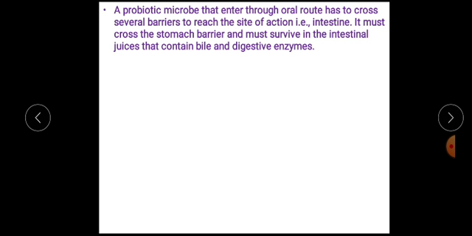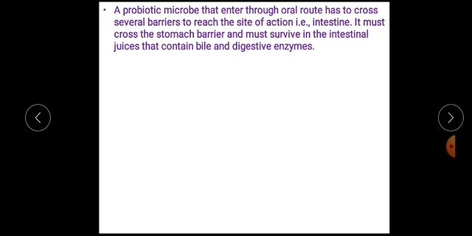A probiotic microbe that enters our body through the oral route has to cross several barriers. So where exactly are these probiotic microorganisms going to establish their population? It is in our intestine. In order to reach the intestine, these probiotics are administered by the oral route.